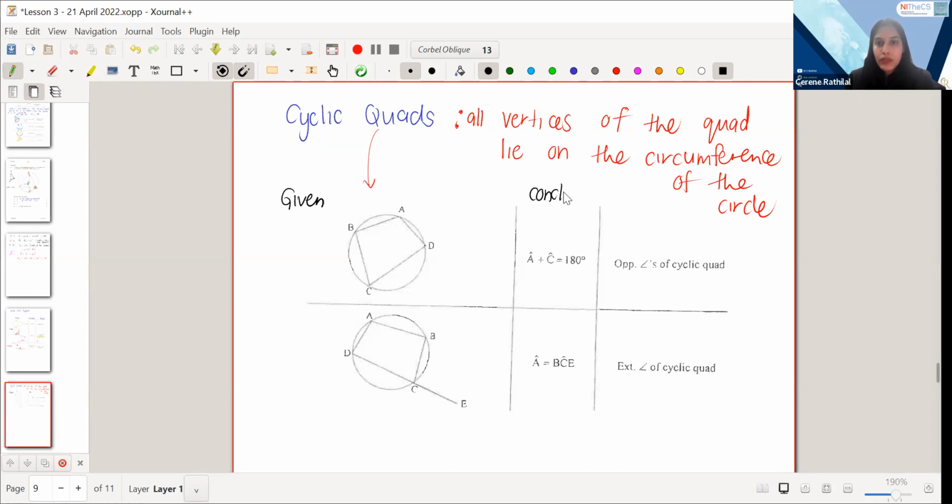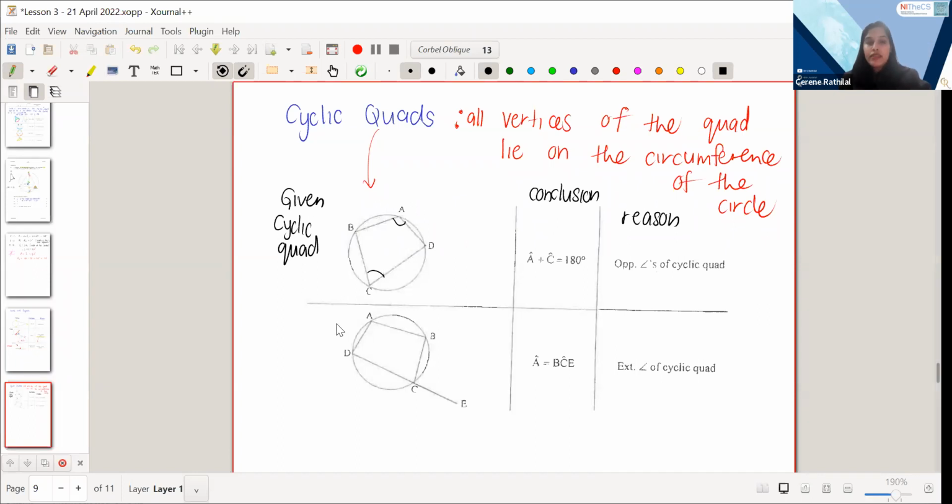So this is the conclusion. And in this column, again, we've got the reason. Okay, so we're given a cyclic quadrilateral, and if you have a cyclic quadrilateral, then you can conclude that opposite angles of the cyclic quadrilateral are supplementary, meaning that the sum of the opposite angles equals 180 degrees.